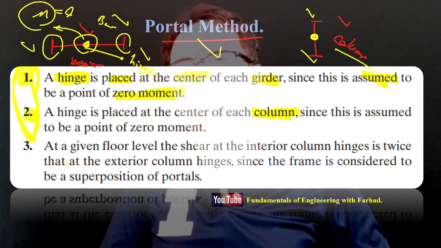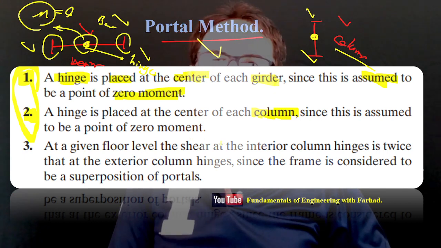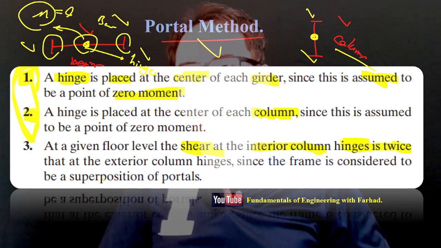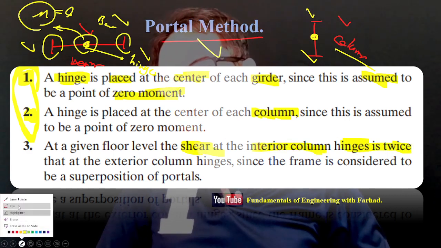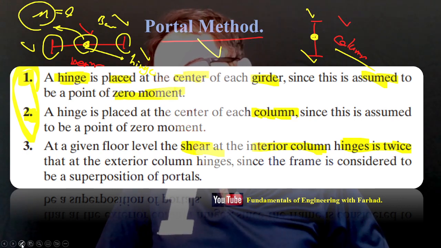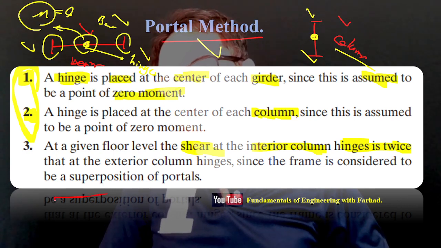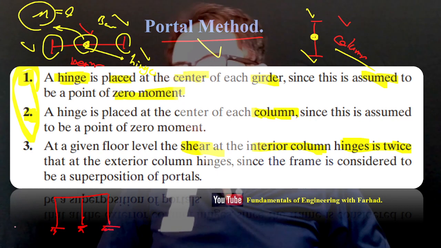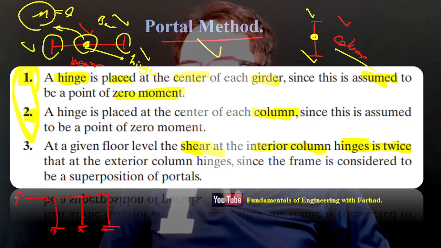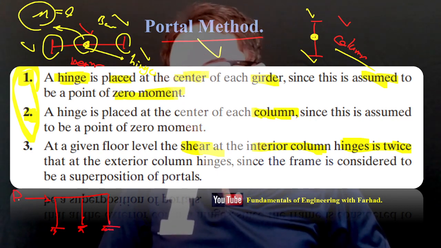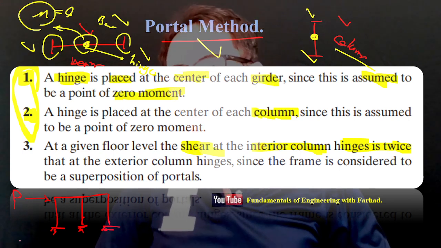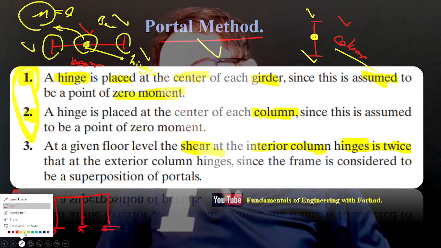And rule number 2: at a given floor level, the shear at the very bottom of an interior column is twice that of an exterior column. For example, if you are observing a structure with two spans over here, and you are applying a force of P at the top corner of the structure, that shear is distributed like this.